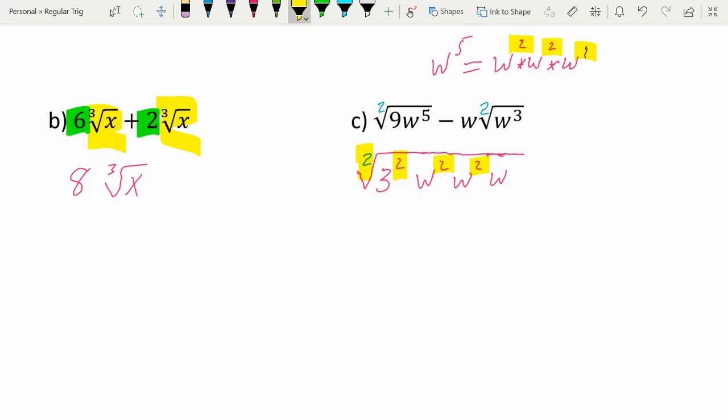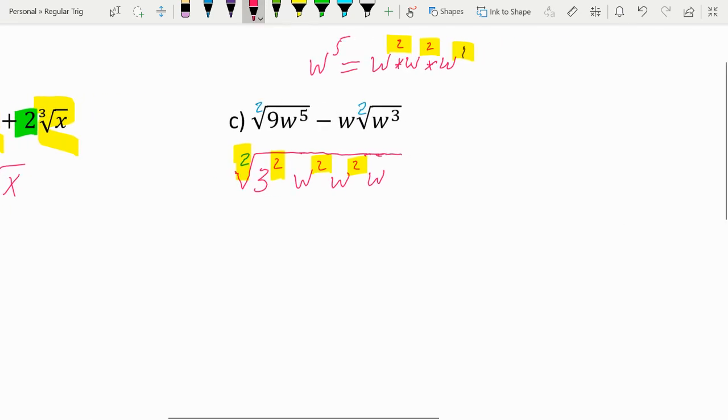Okay? All right. Now let's move over to minus w, and then I have the square root of w to the third. Well, again, there's that 2 sitting there. But this time I want to change that 3. Can I do something to change that 3?